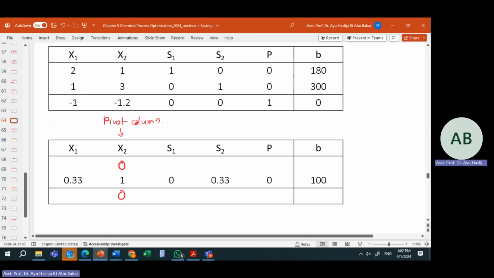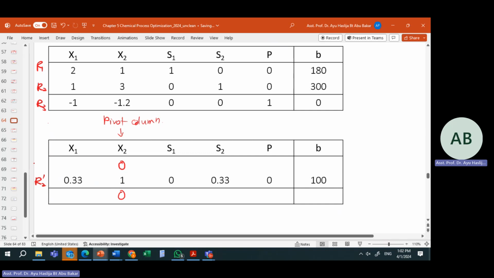Now, how does it get 0? I label the previous original values R1, R2, and R3. This is our R prime 2, the new value.